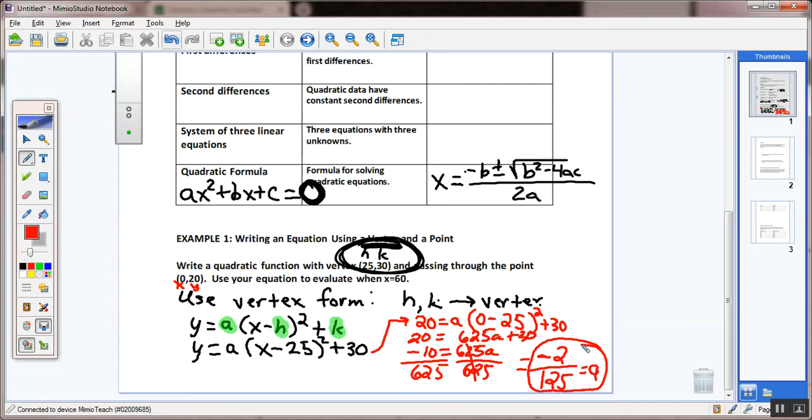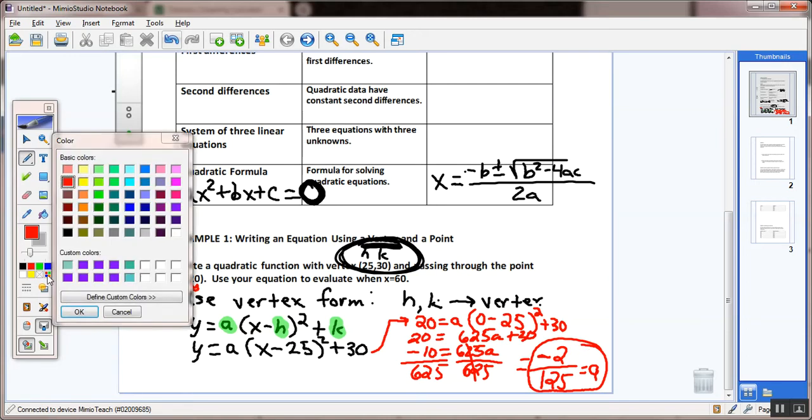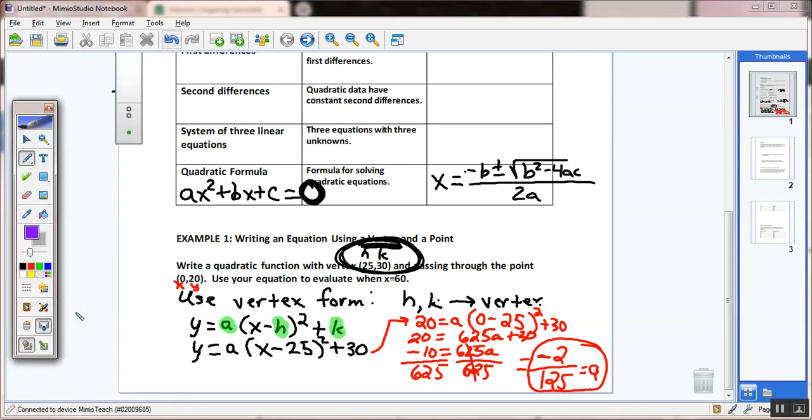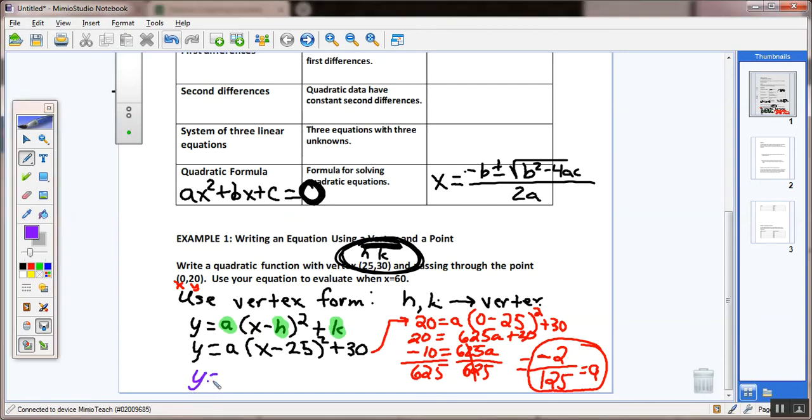Okay, so your final equation is going to look like the following here. This quadratic that has a vertex at 25, 30 and passes through the point 0, 20 is now going to be y equals, what's the a value, kids? And again, that came from this negative 10 over 625.